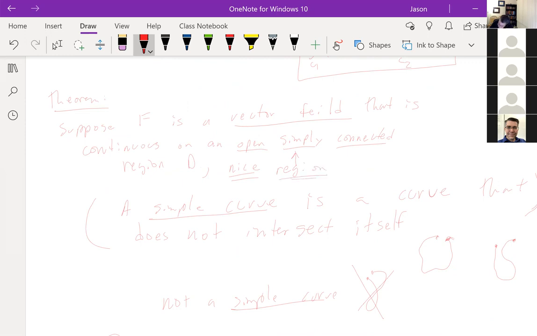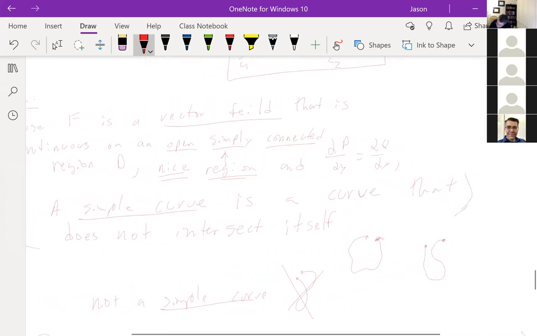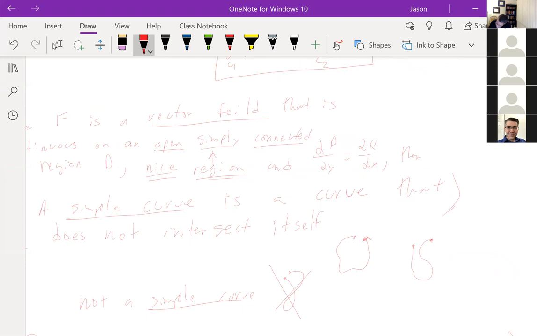And if it is over a nice region, and dP/dy is equal to dQ/dx, then what's true? Then F equaling Pi plus Qj is conservative.